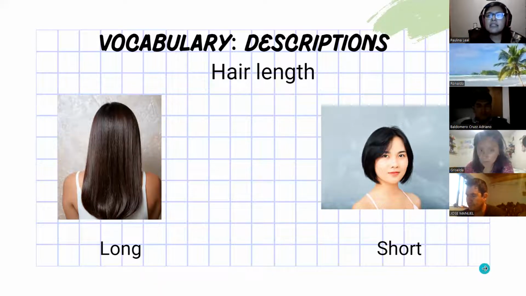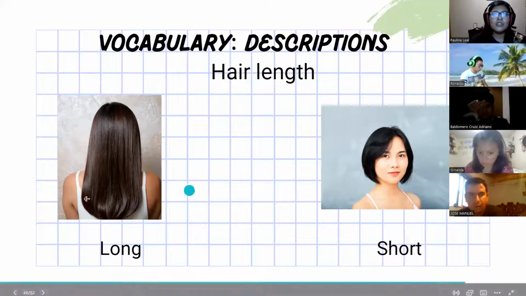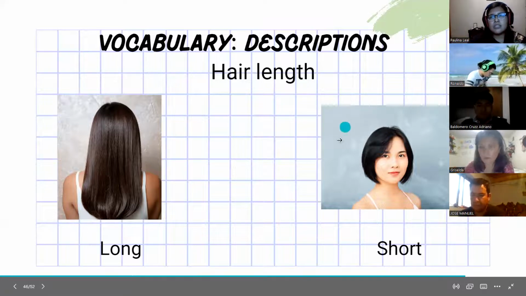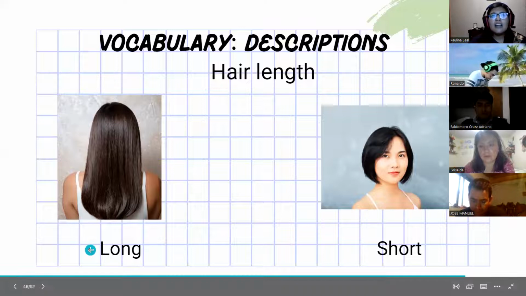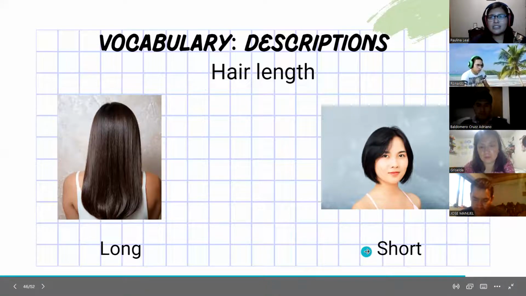And for instance, Jose Manuel has short hair. So long looks like this. Short looks like this. Let's go ahead and practice. Long. Short.